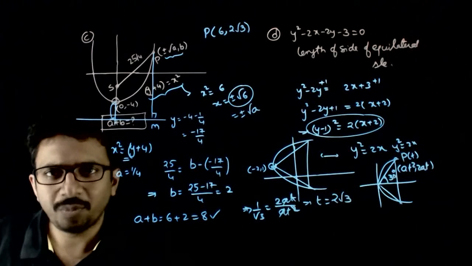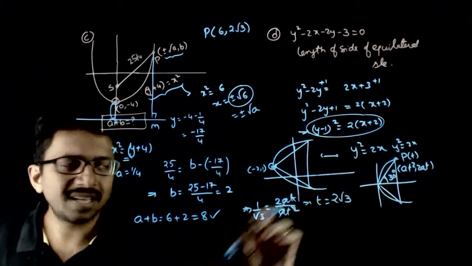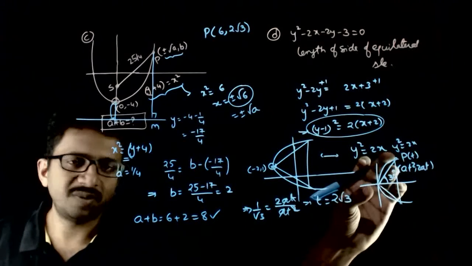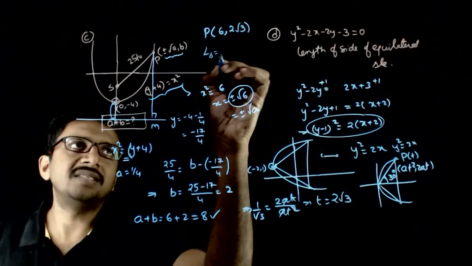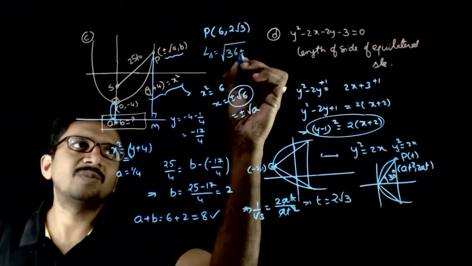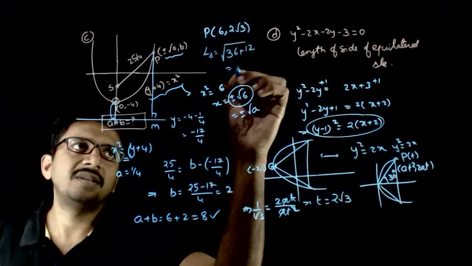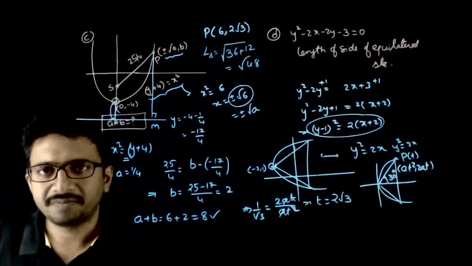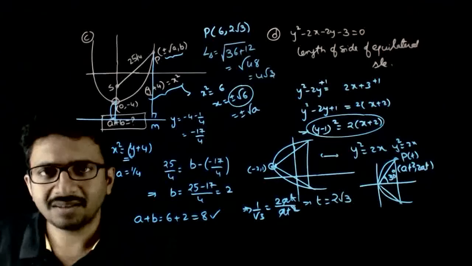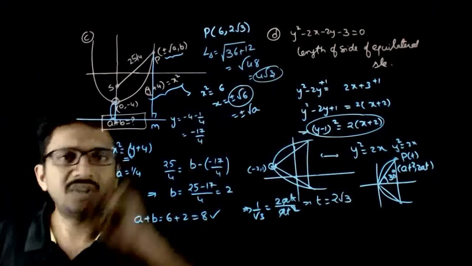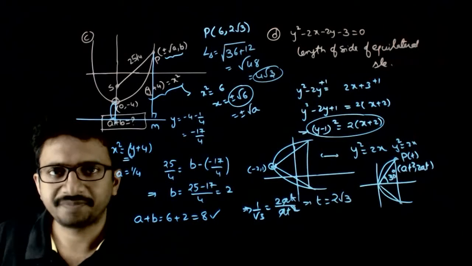So that's the point. And what is the length of this side? The length of this side is nothing but the distance between the origin and this point. That is equal to root of 36 plus 12, root of 48, which is equal to 4 root 3, since 16 times 3 is 48. So you're getting 4 root 3 as the side of the equilateral triangle.